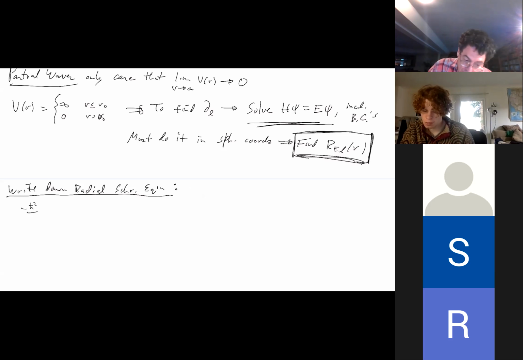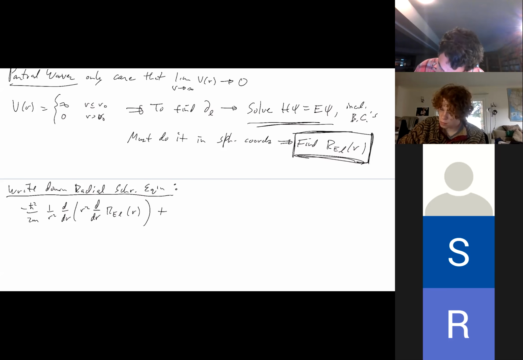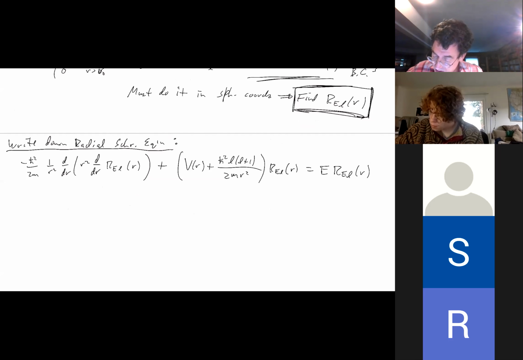Negative h bar squared over 2m, 1 over r squared d/dr of r squared d/dr R_El(r), plus V(r) plus h bar squared l times l plus 1 over 2m r squared, times R_El(r), equals E R_El(r). Okay, so there's the radial Schrodinger equation. It looks familiar. You've all seen it.